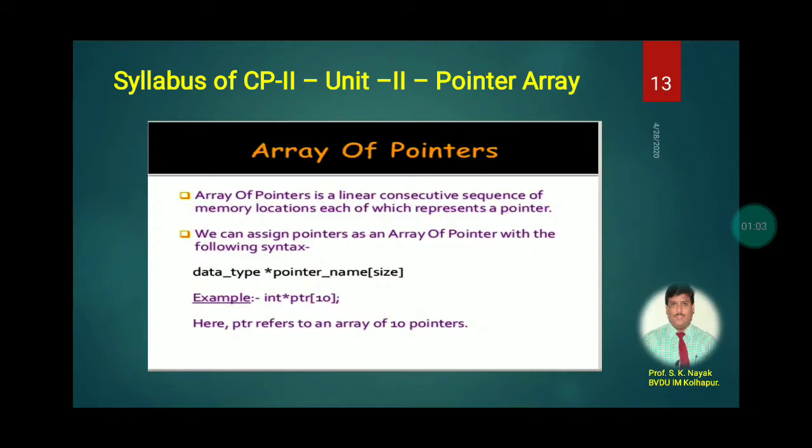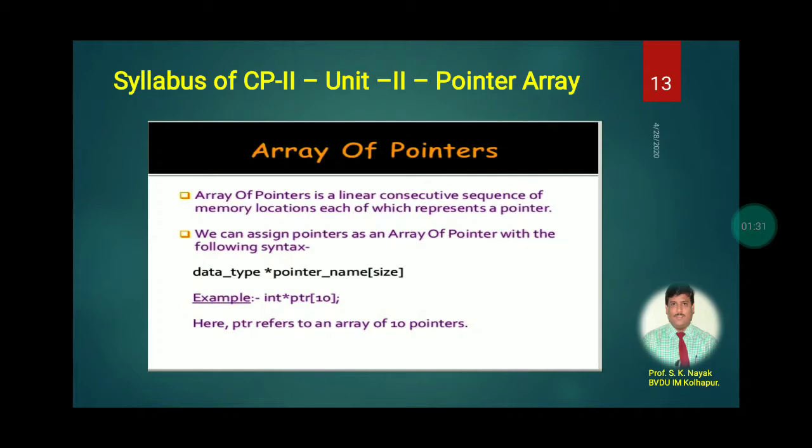Here we are declaring ptr as an integer type of pointer, and it takes consecutive 10 pointers linked to each array index. So an array of 10 consecutive elements, from index 0 to 9. Each element can be assigned to a pointer.